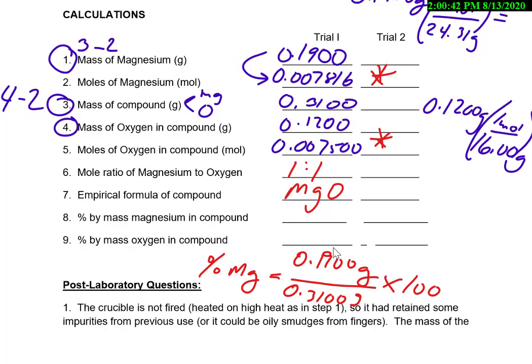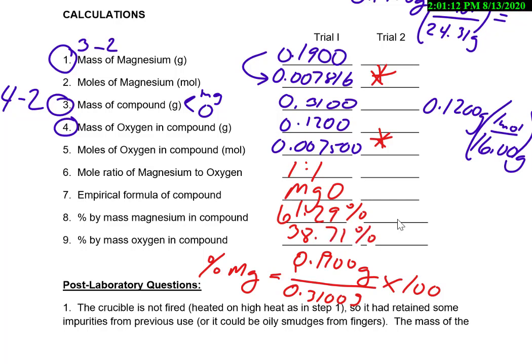So the 0.19 divided by 0.31, and here we get 61.29%. And then percent oxygen, we're going to do the same. The 2 percentages should always add up to 100, but percent oxygen would be our 0.12 over our compound mass. And so we would get there 38.71%.